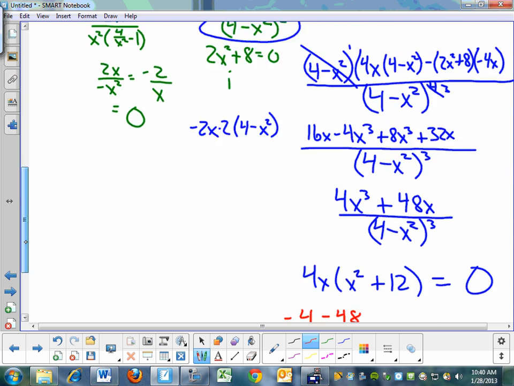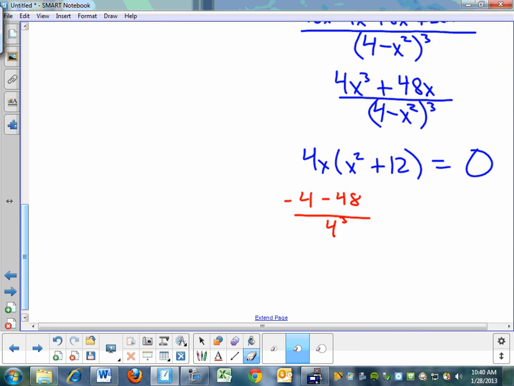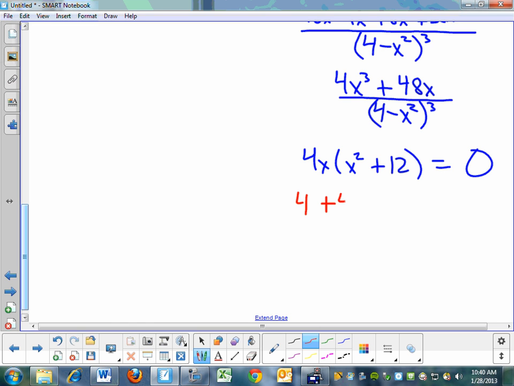Now what do you want to plug in? 1. If you plug in 1, you get 4 plus 48 over 3 to the third. That is positive.